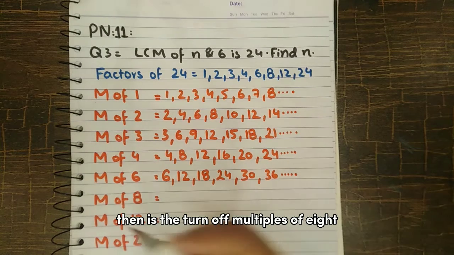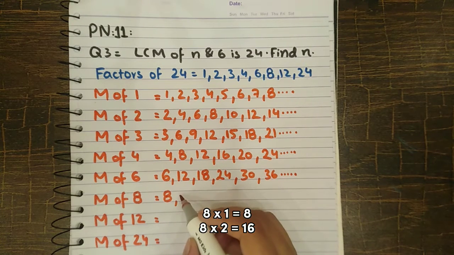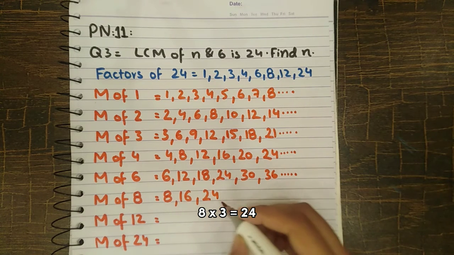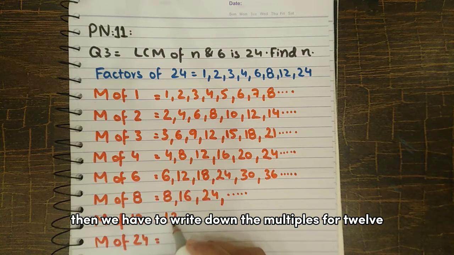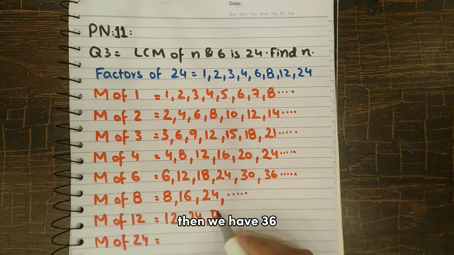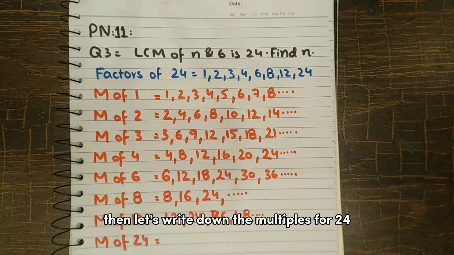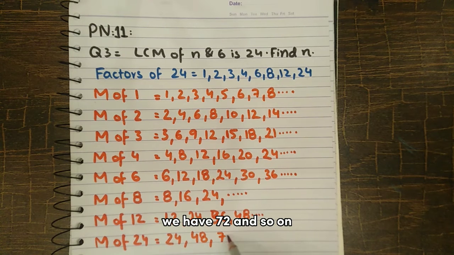Then the multiples of 8: 8 1s are 8, 8 2s are 16, 8 3s are 24, and so on. Then the multiples for 12: 12, 24, then 36, 48, and so on. Then the multiples for 24: 24, 48, 72, and so on.